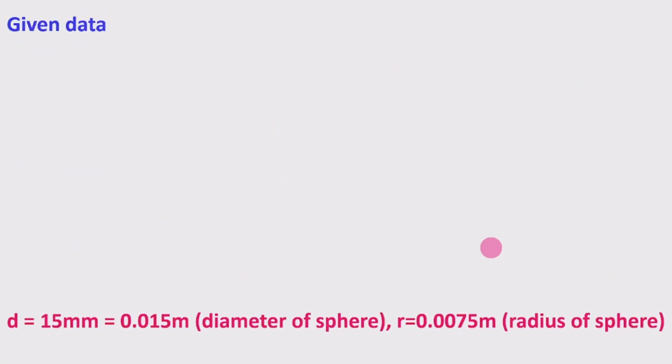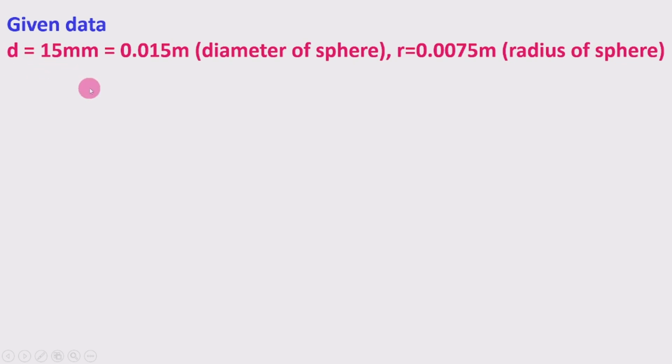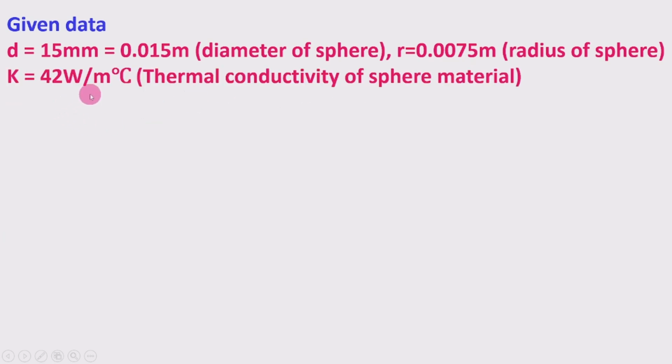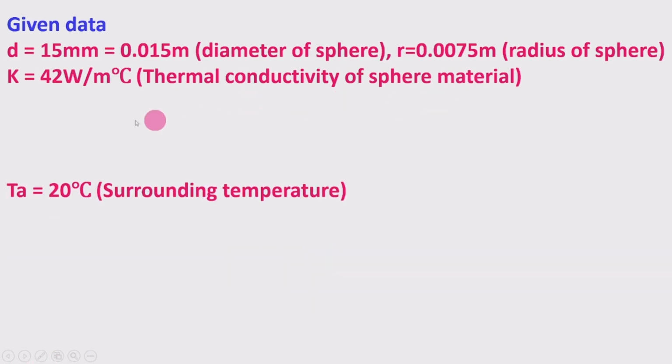Moving to this one, what is the given data? We'll take first D equal to 15 mm, 0.015 meter, that is the diameter of the sphere. If you take the radius of the sphere, r equal to 0.0075 meter. K equal to 42 watt per meter degree Celsius, thermal conductivity of the sphere material.